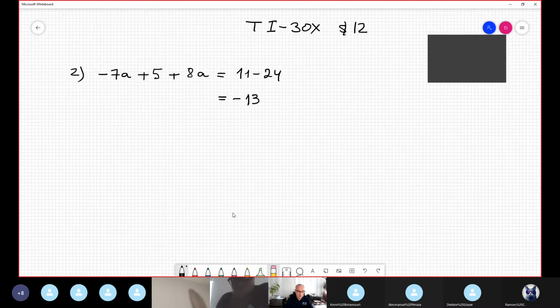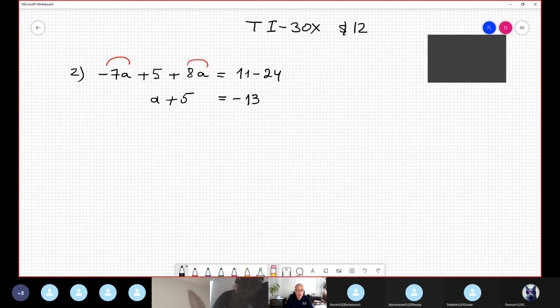And likewise, we combine like terms. This term and this term are like terms. Like terms are expressions that contain the same variable and the same exponent. So it's negative 7 and positive a, which is 1a. Subtract: a minus 7, then plus 5.